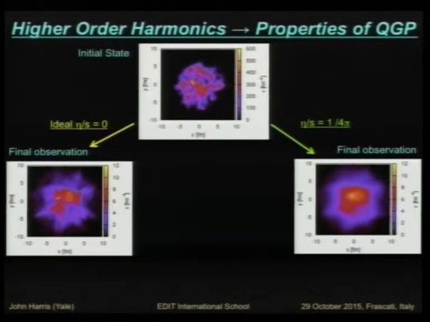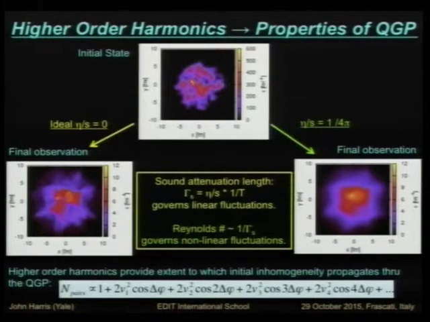Okay, so final observation. Eta over S, 1 over 4 pi. If you have an initial distribution like this, it would look like this. If you have ideal hydro, it would look like this. So you could Fourier decompose that and tell the difference. And that gives you information on the sound attenuation length, perhaps the Reynolds number.